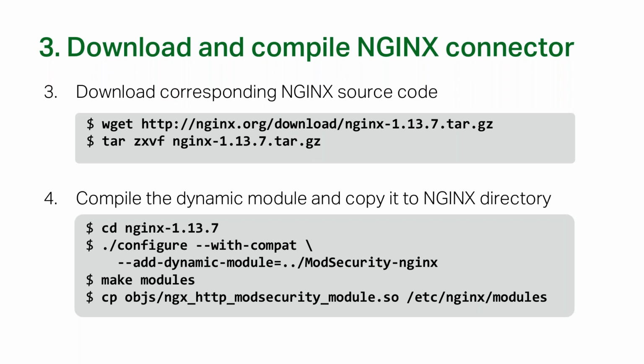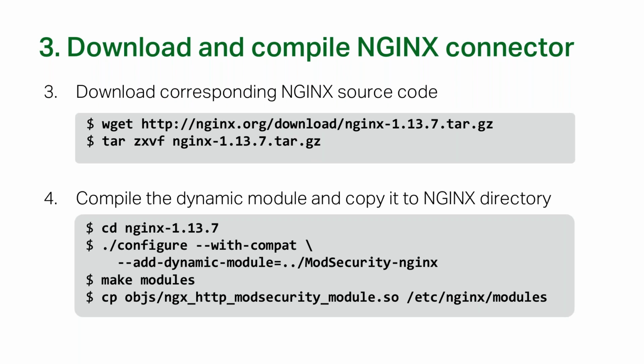We then configure the source code with the ModSecurity NGINX module that we obtained from GitHub. We make the module's target with the NGINX source code. This won't build NGINX, but it will build the additional modules that you configured.